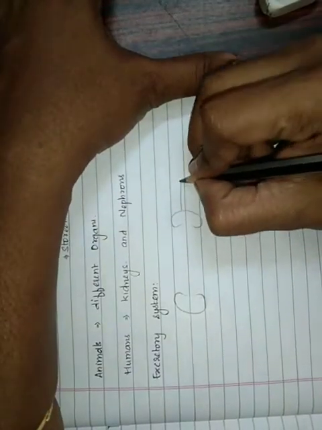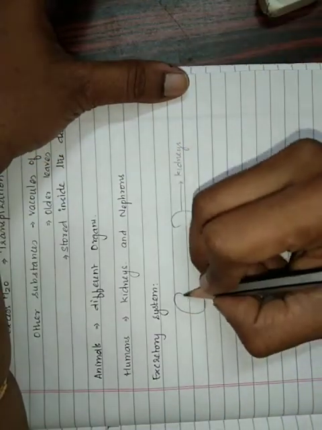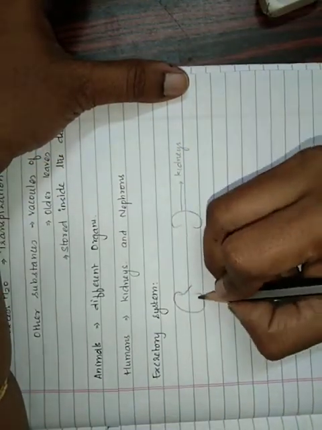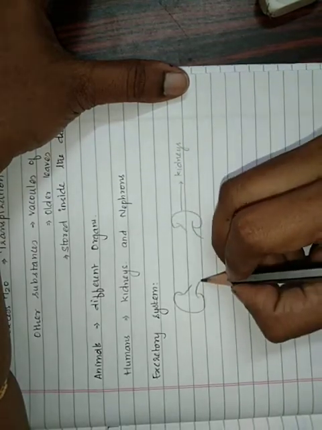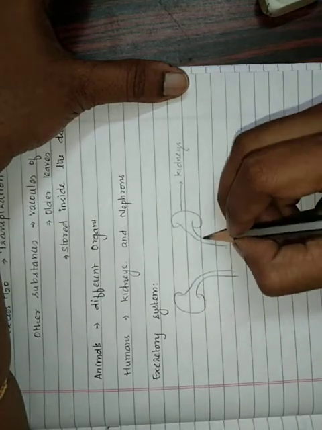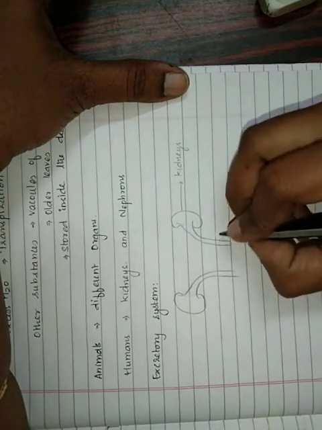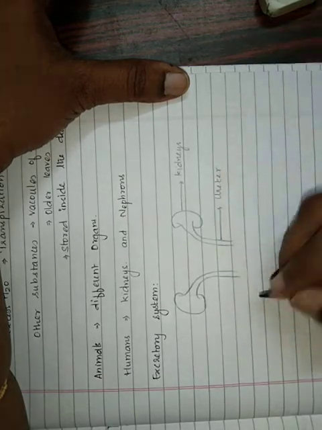So these are the kidneys, right and left kidney, and urine is formed inside the kidney, and from the kidney, urine is taken out by two tubular structures called ureters.